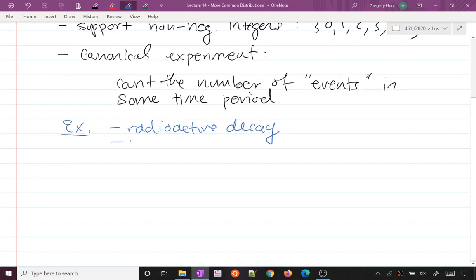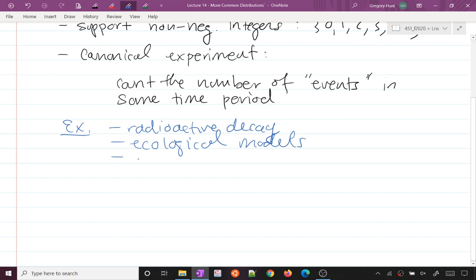Another thing it's used for, it's used all over the place in ecological models, for counts, say, of organisms in water, number of fish that I capture in my trap might have a Poisson distribution.